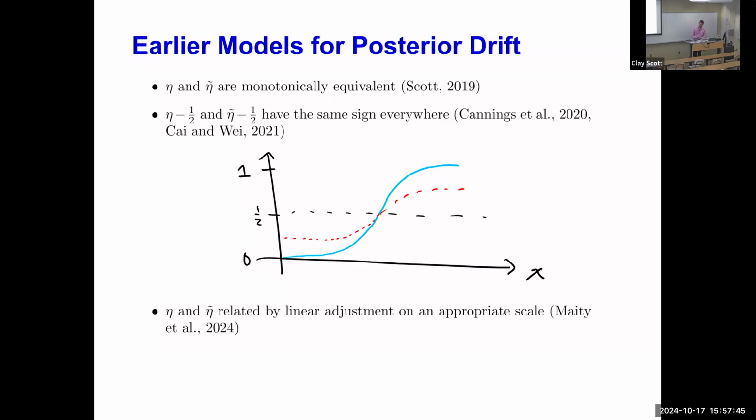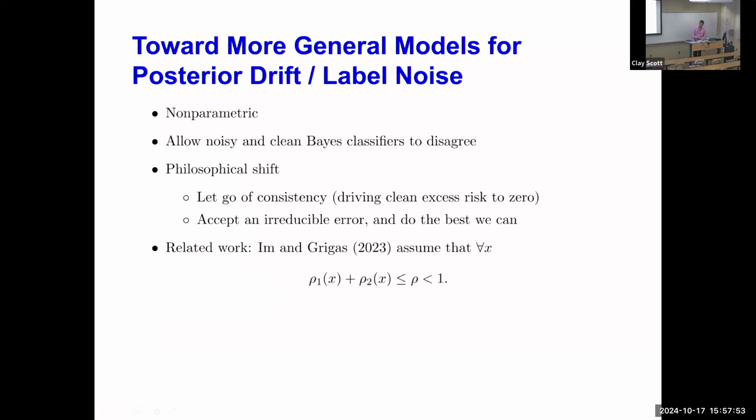So that would be a parametric model for posterior drift. What I'm interested in is something that's more flexible. I don't want to assume a parametric model. I want to be non-parametric. And I want to allow the noisy and clean Bayes classifiers to differ, because that's just more realistic.